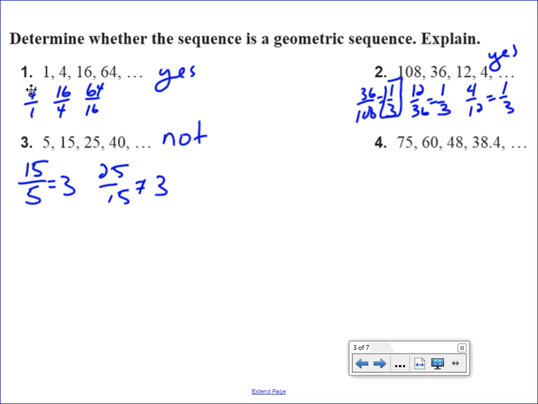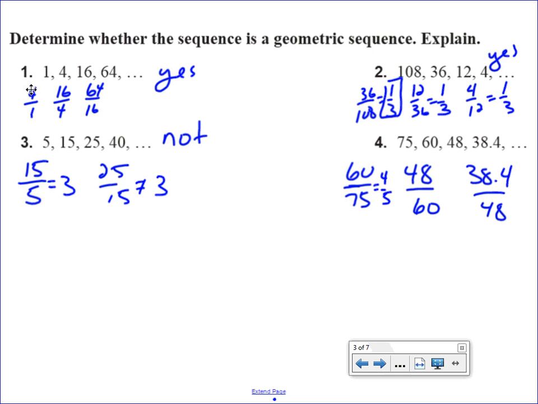If I take 75 and divide it by 60, again, I got that in the wrong order. The second term, 60 divided by 75. Is that the same thing as 48 divided by 60? Is that the same thing as 38.4 divided by 48? So if we use a calculator, 60 divided by 75 gives us a 0.8 or 4/5.